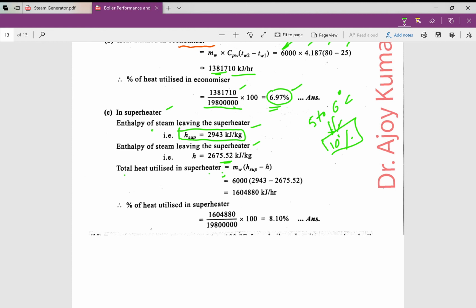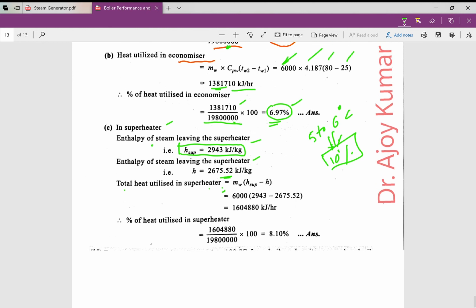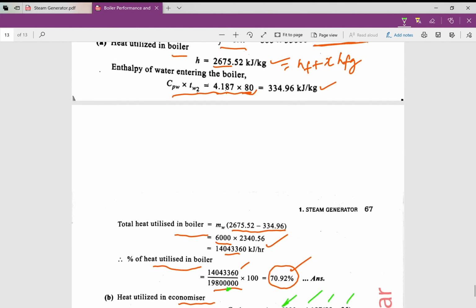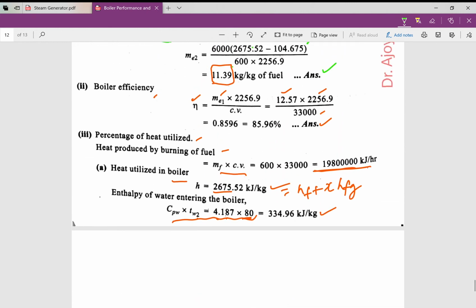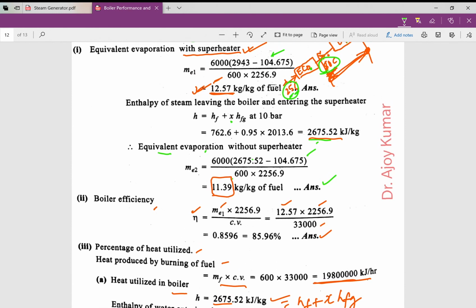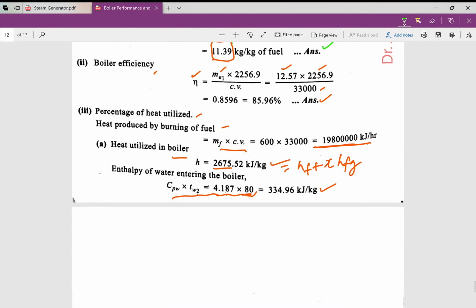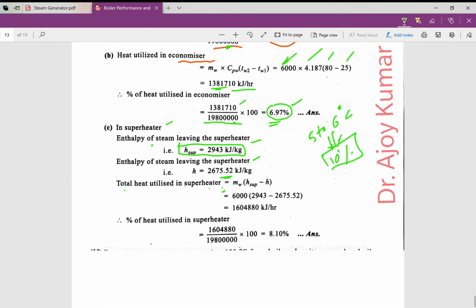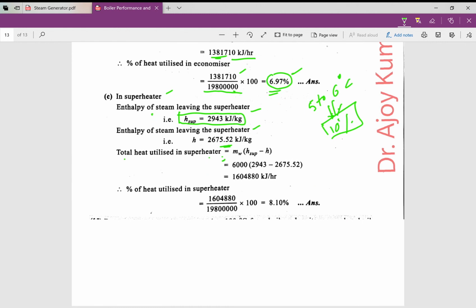The 2675.52 is entering the superheater, that is at the outlet of the boiler.